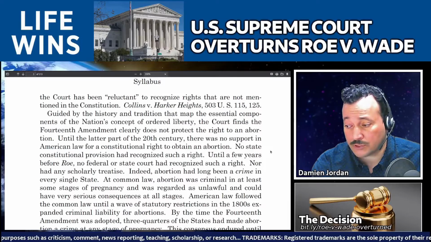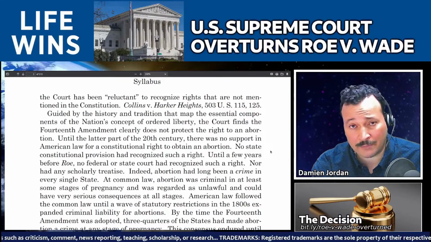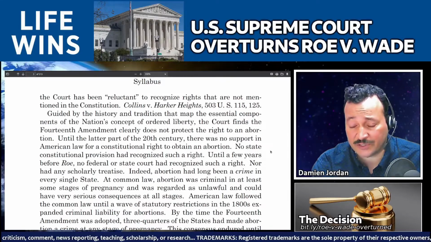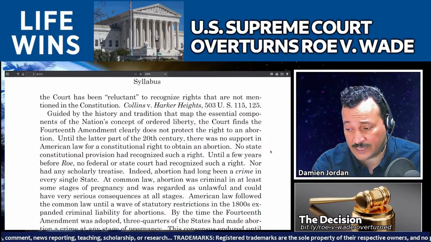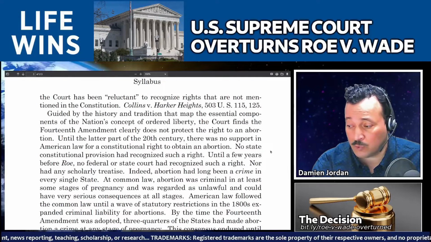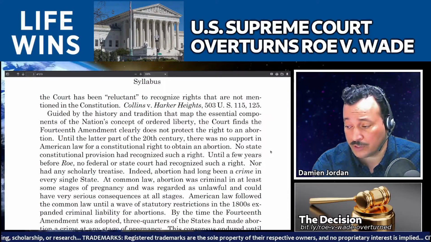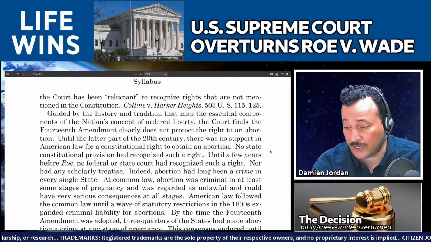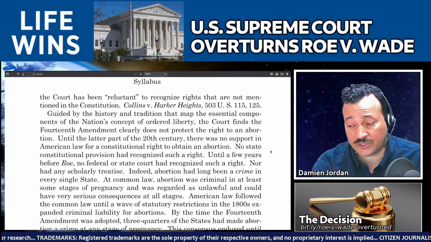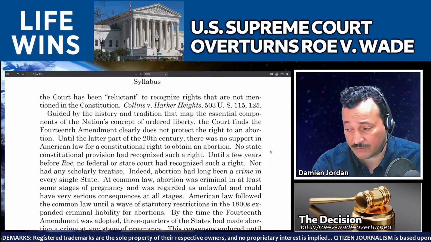Indeed, abortion had long been a crime in every single state. At common law, abortion was criminal in at least some stages of pregnancy and was regarded as unlawful and could have very serious consequences at all stages.